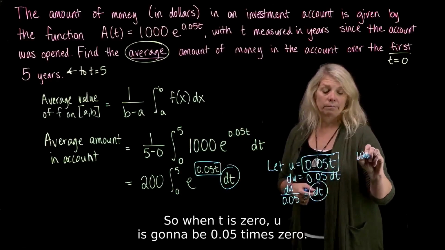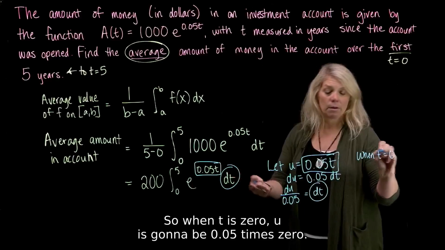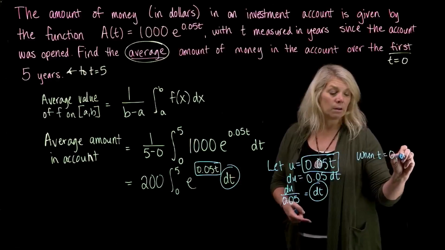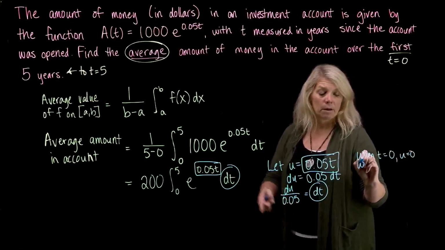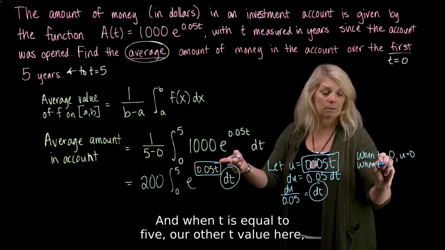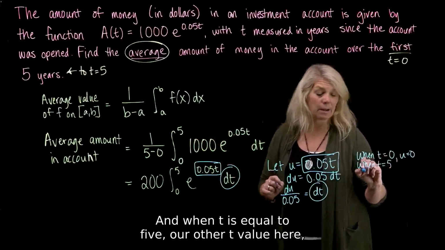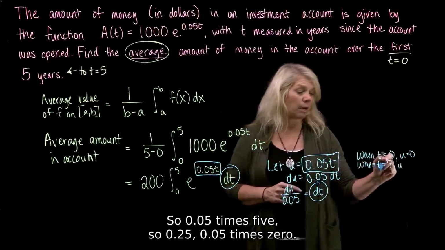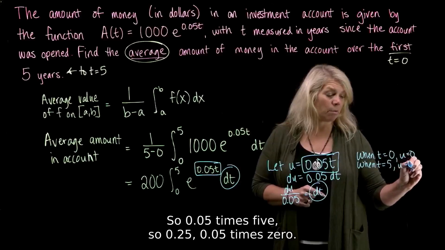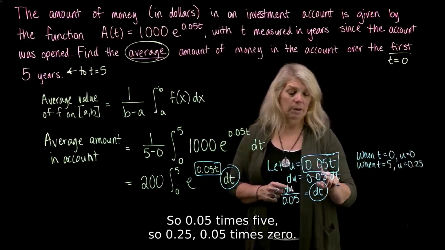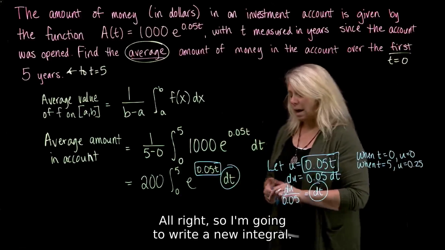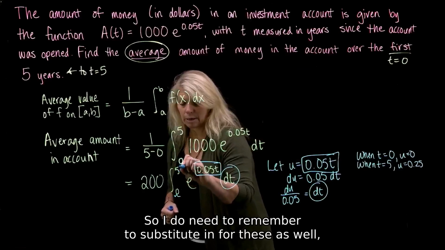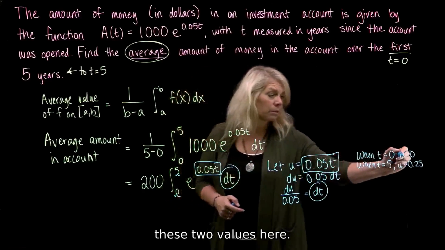When t is 0, u is going to be 0.05 times 0, so u is also 0. And when t is equal to 5, our other t value here, I have to figure out the u for that. So 0.05 times 5, so 0.25. So I'm going to write a new integral, and I do need to remember to substitute in for these two values here.